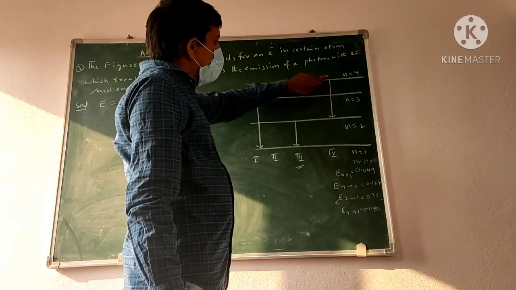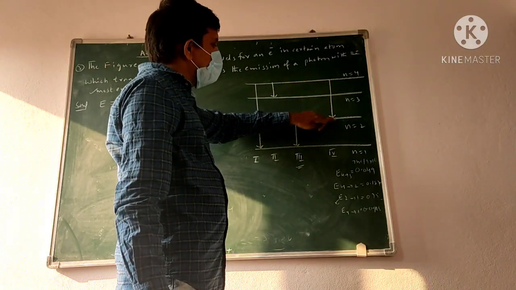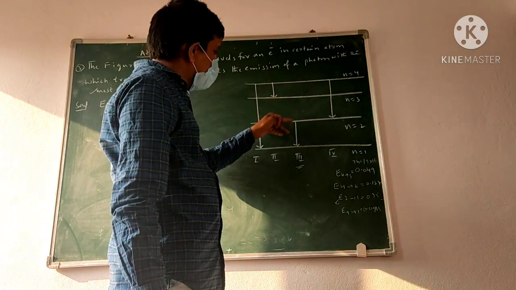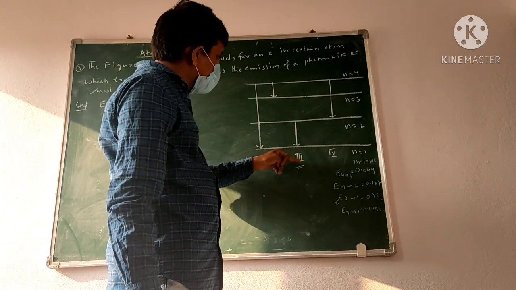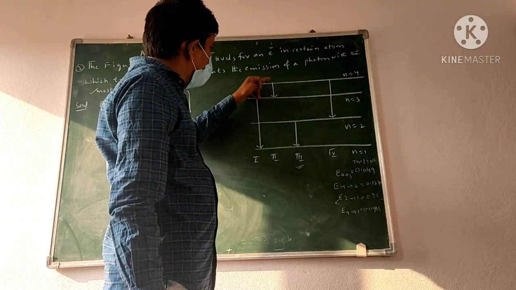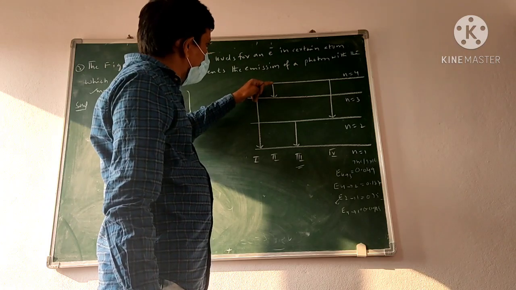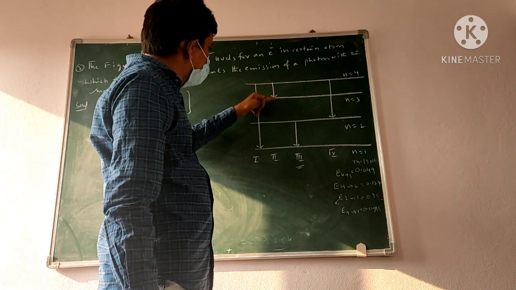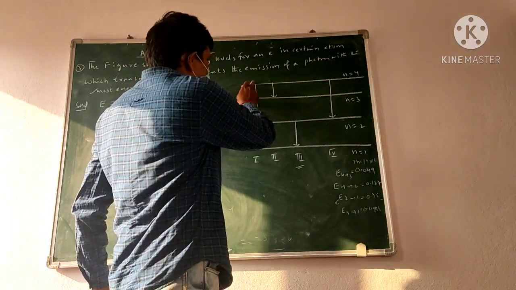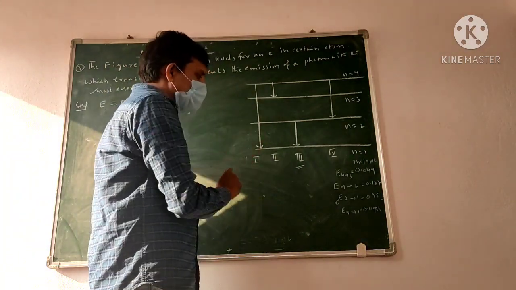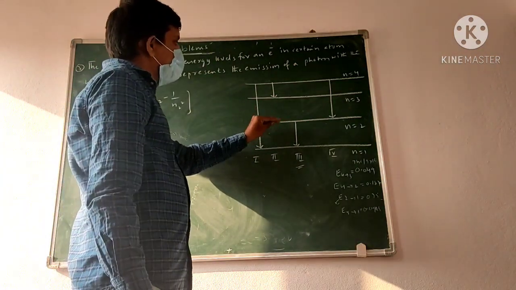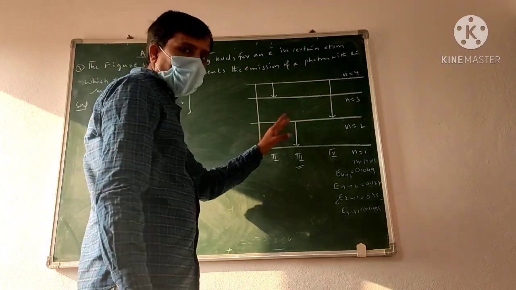In the first one, the electron transition is occurring from n is equal to 4 to n is equal to 2, next one from n is equal to 2 to n is equal to 1, next one from n is equal to 4 to n is equal to 3, and next one from n is equal to 4 to n is equal to 1. Okay, so in which transition is the photon energy maximum?